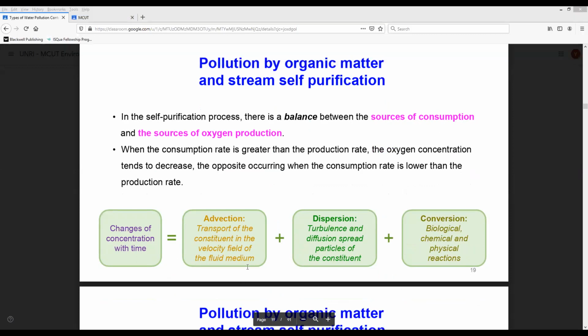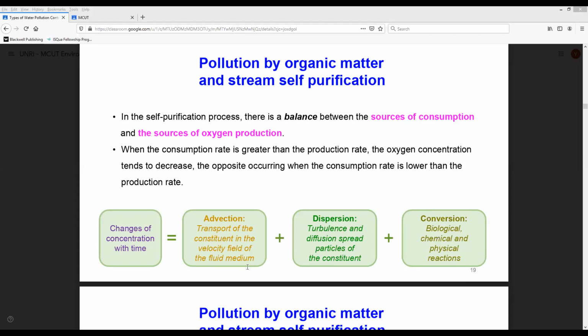The opposite occurs when the consumption rate is lower than the production rate. As you can see at the bottom, the left side is the change of the concentration with time, equal to advection plus dispersion plus conversion.